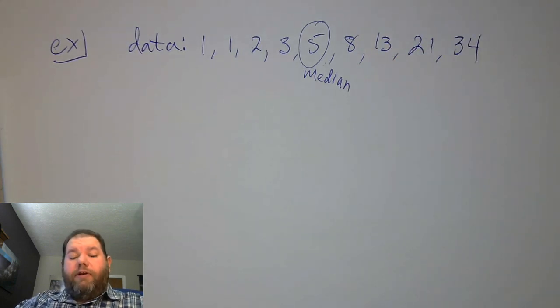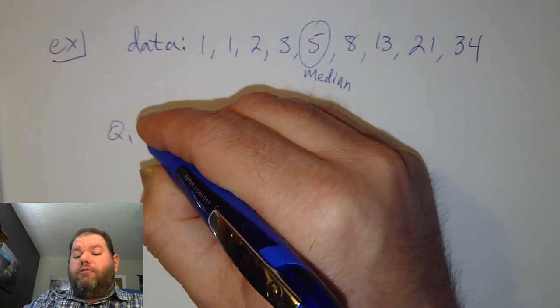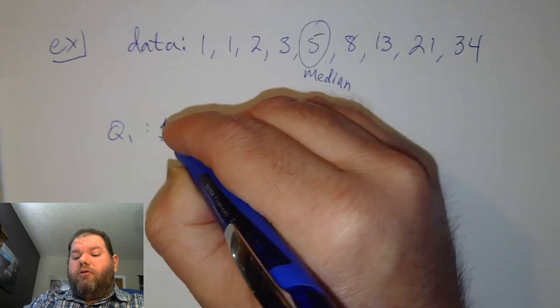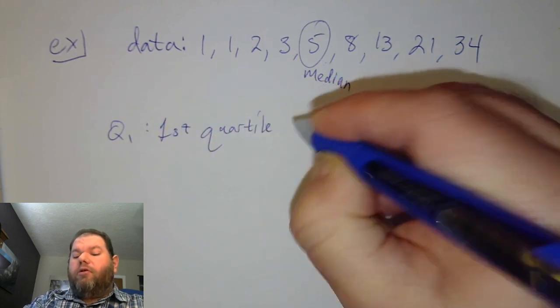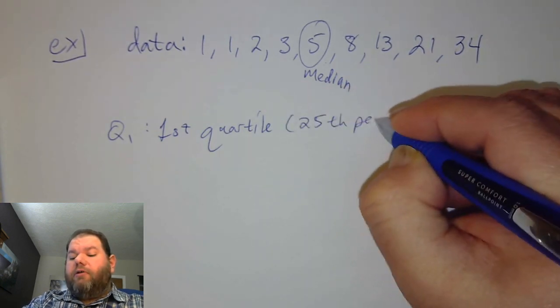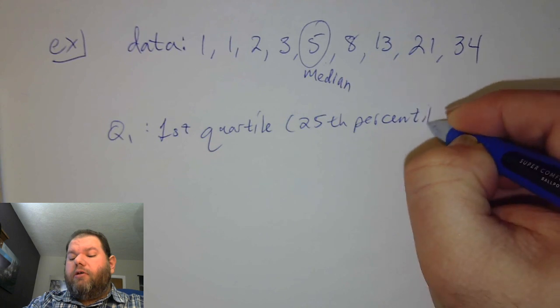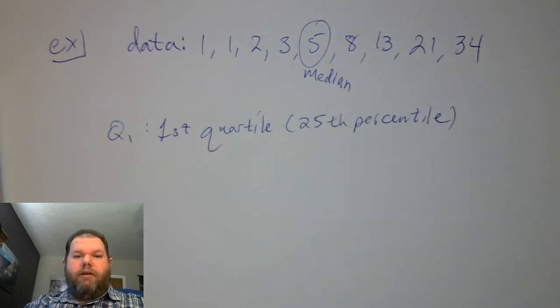So what if we wanted Q1? Well, in this case, Q1, the first quartile, or again, the 25th percentile, this is the median for the lower half of the data set below the median.